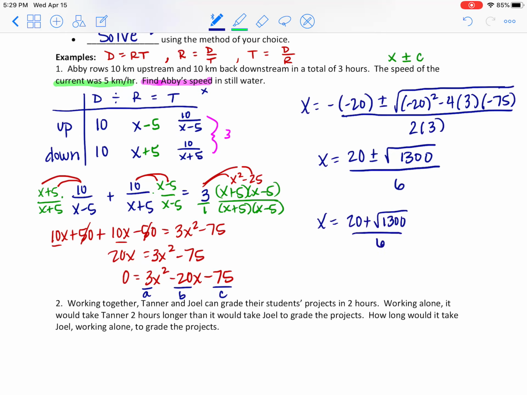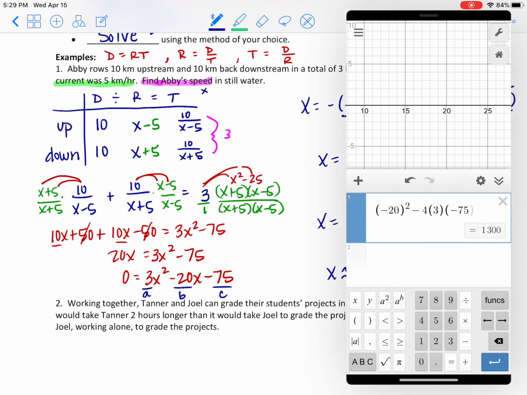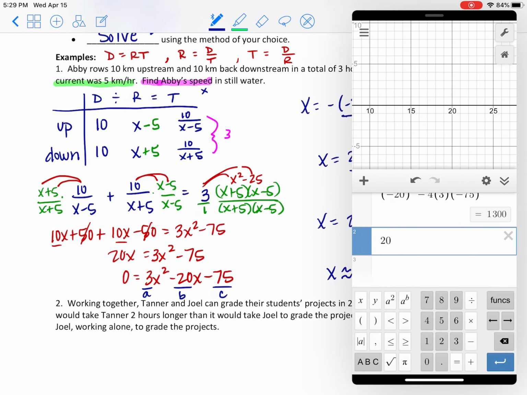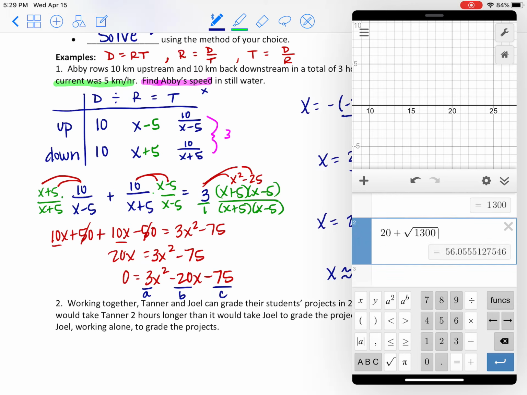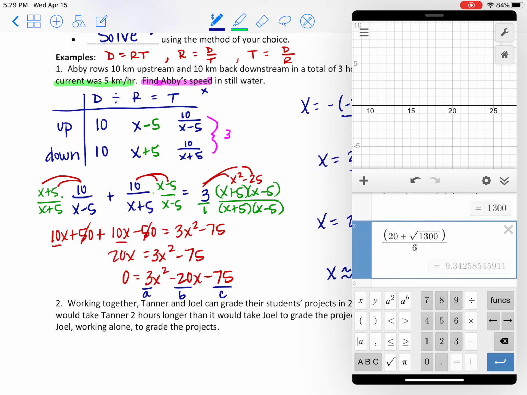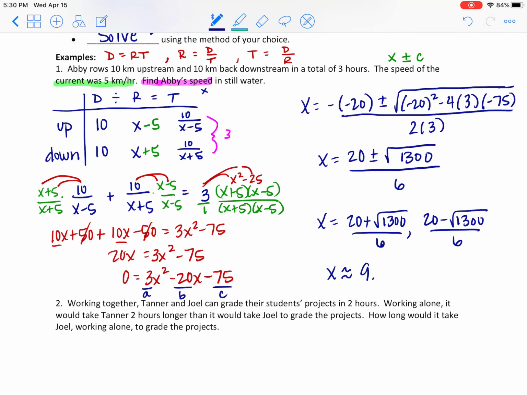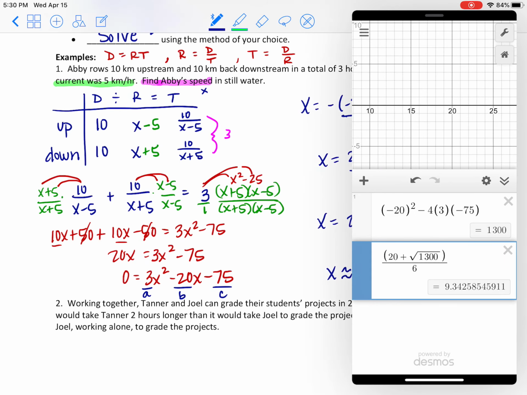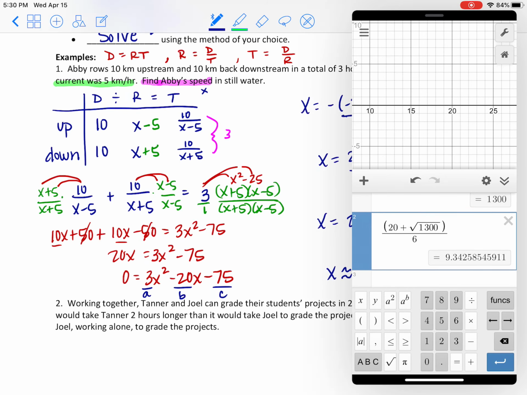Okay, this is saying that 20 plus radical 1300 over 6 is an answer, and that 20 minus radical 1300 over 6 is an answer. So I'm going to approximate those. 20 plus radical 1300 all divided by 6 was about 9.3.